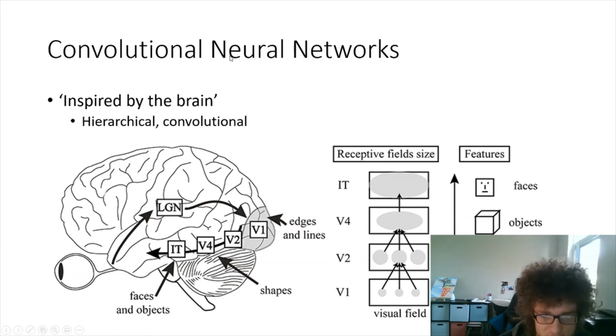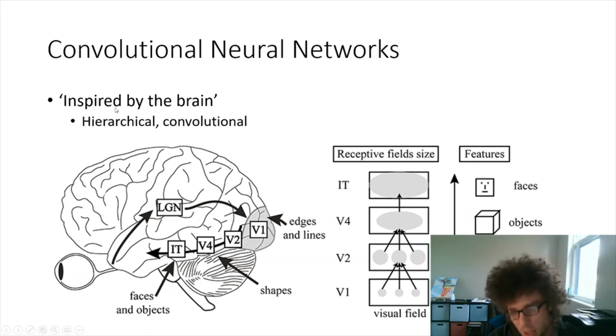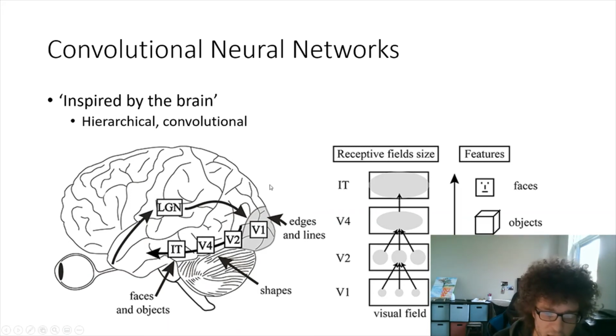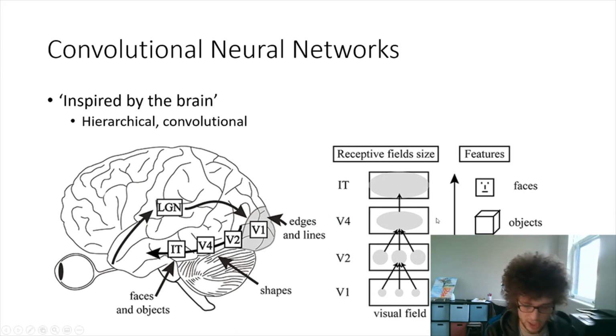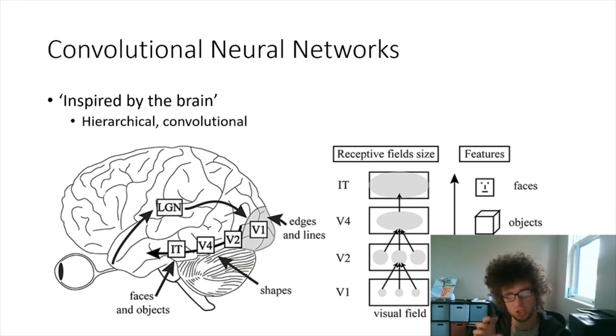The idea of the convolutional neural network was inspired by the brain. When you look at something like an image, you go through different layers, and your receptive field gets larger and larger. As the information flows through, different parts of your brain start to see bigger and bigger parts of the image and combine them together.